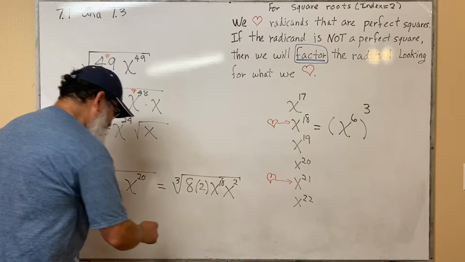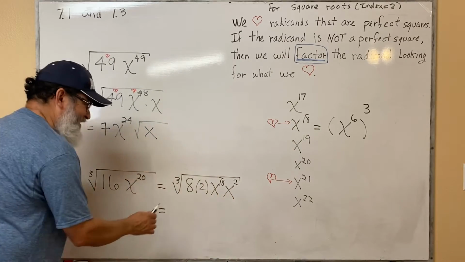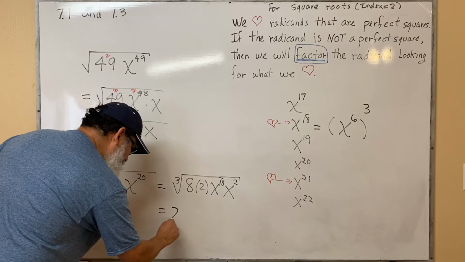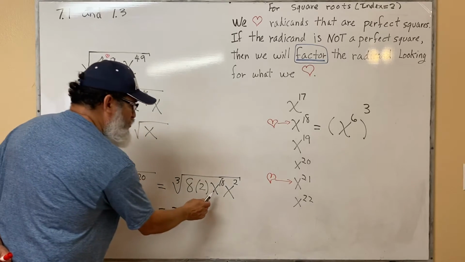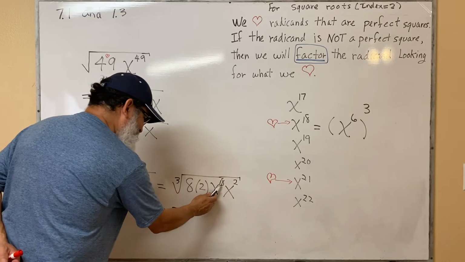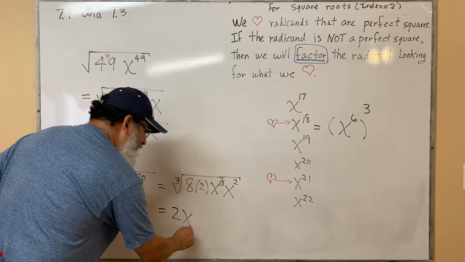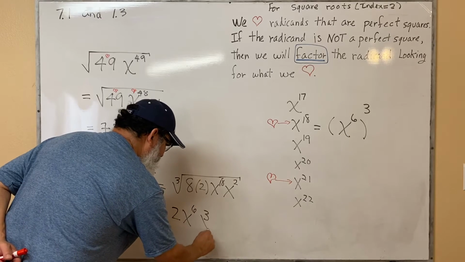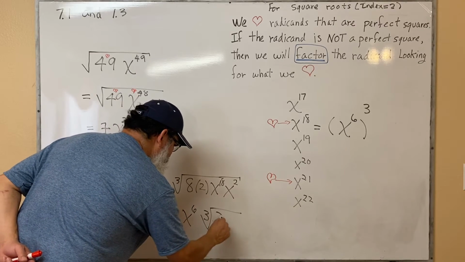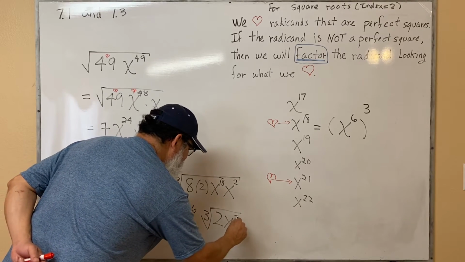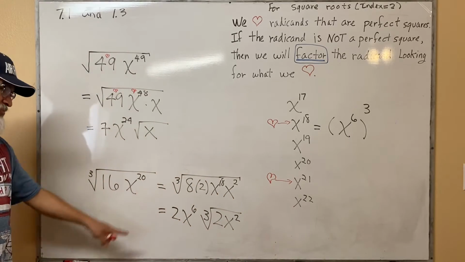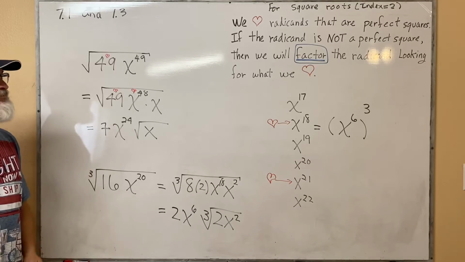So therefore, what is the cube root of 8? 2. What is the cube root of x to the 18th? X to the 6. The cube root of 2x squared. And there you go. You have simplified this. Okay?